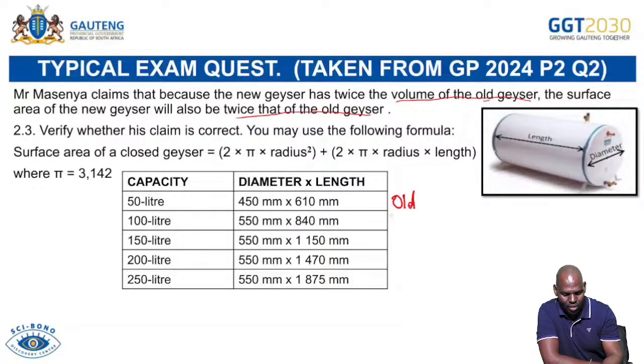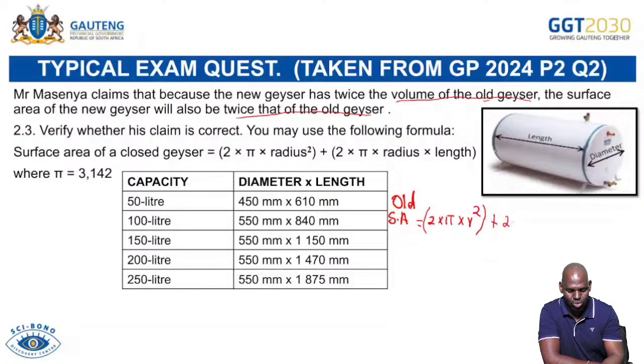The old one, the formula is 2 times pi times radius squared, that is the first part, and then plus 2 times pi times radius times length, the second part.